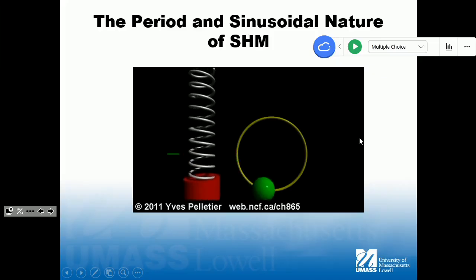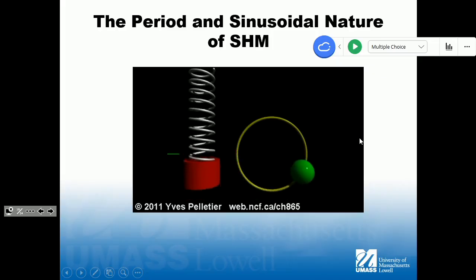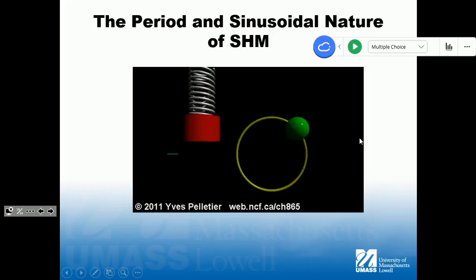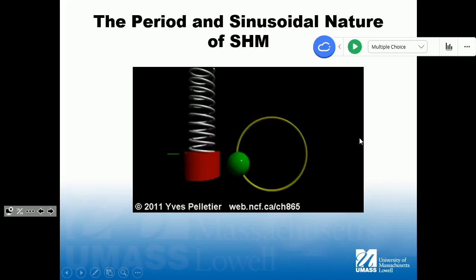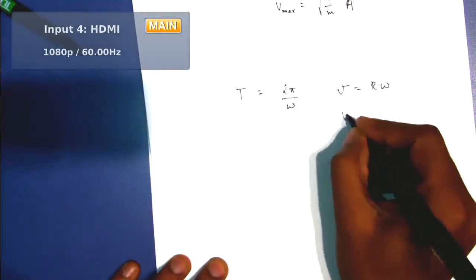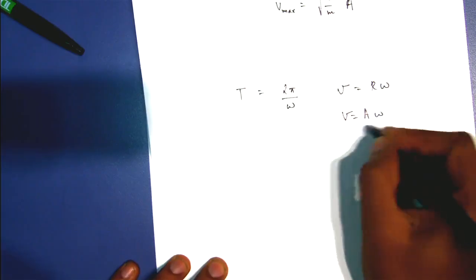So what's the radius of this circle? A. Let's go back here. So we can rewrite v for that circle as A times omega. This makes sense? It's moving in a circle of radius A with an angular speed omega. Everyone with me so far?